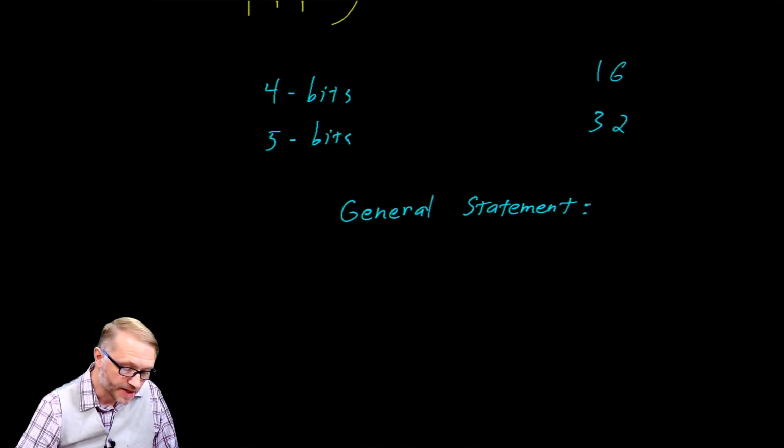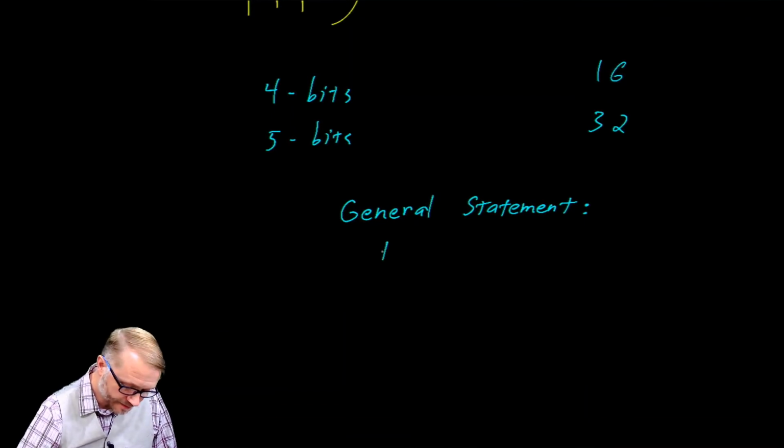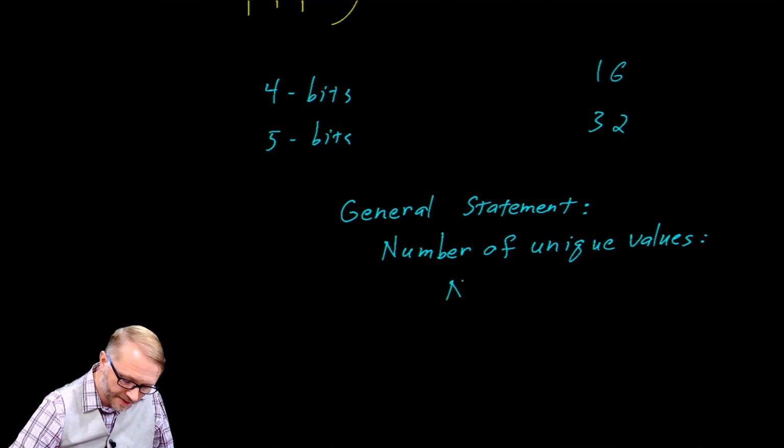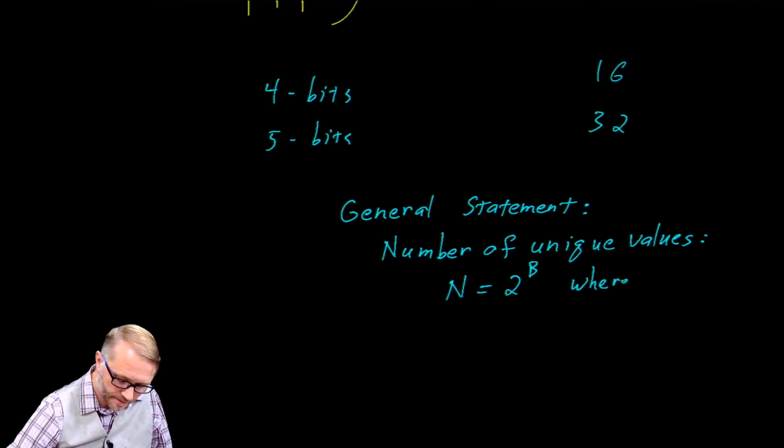we would say the number of unique values is mathematically defined as n equals 2 raised to the b power, where b is bits.